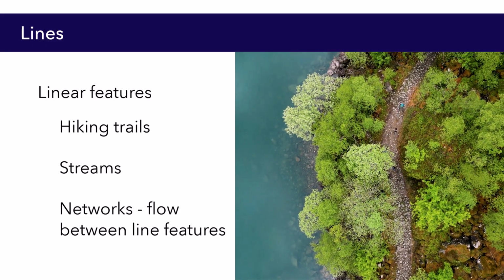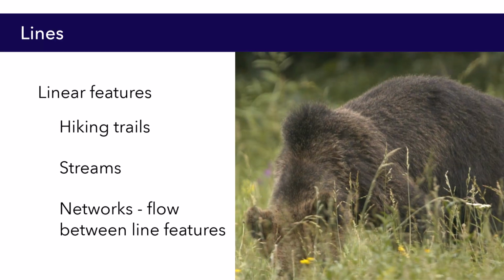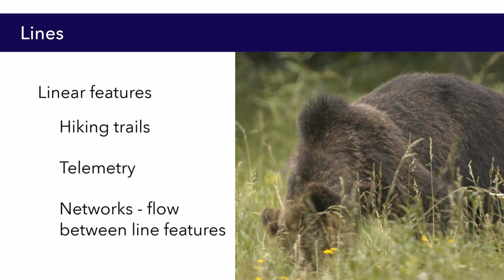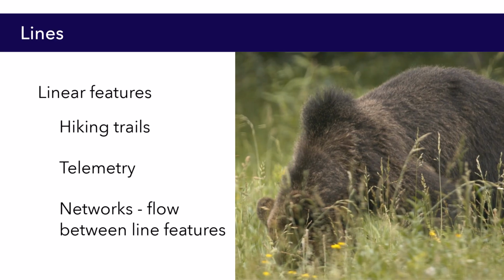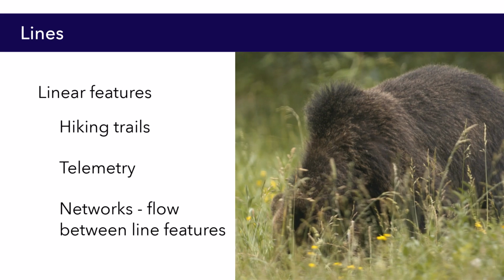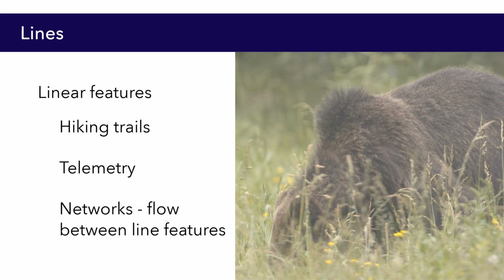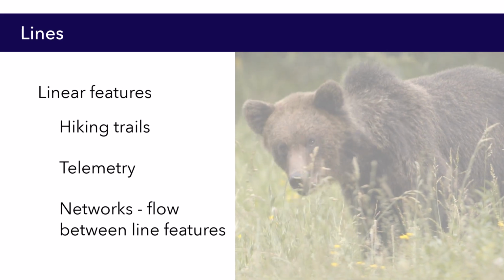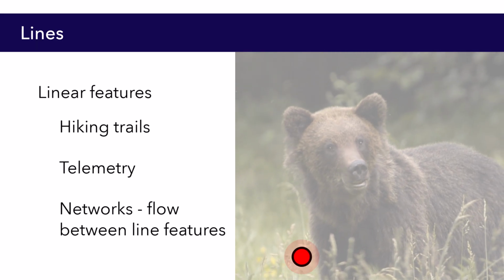I've done a lot of work with telemetry data where you have wildlife that has a GPS collar on it and it moves around. This is interesting data because we get GPS pings that occur at particular locations. So these are actually points.